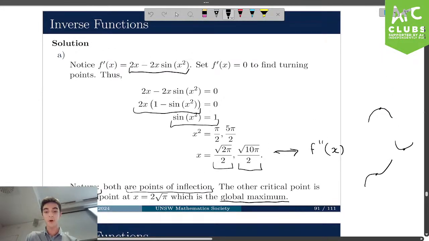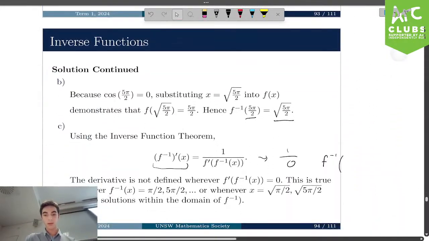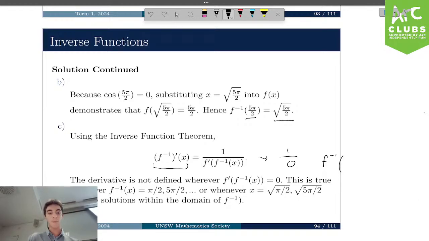So the derivative is 0 when x takes on these values, okay? Because we're putting f minus 1 into the derivative, we want to look for values where f of minus 1 is those surds that we got before, right? So root 2 pi on 2, and the other one was root 10 pi on 2, okay?